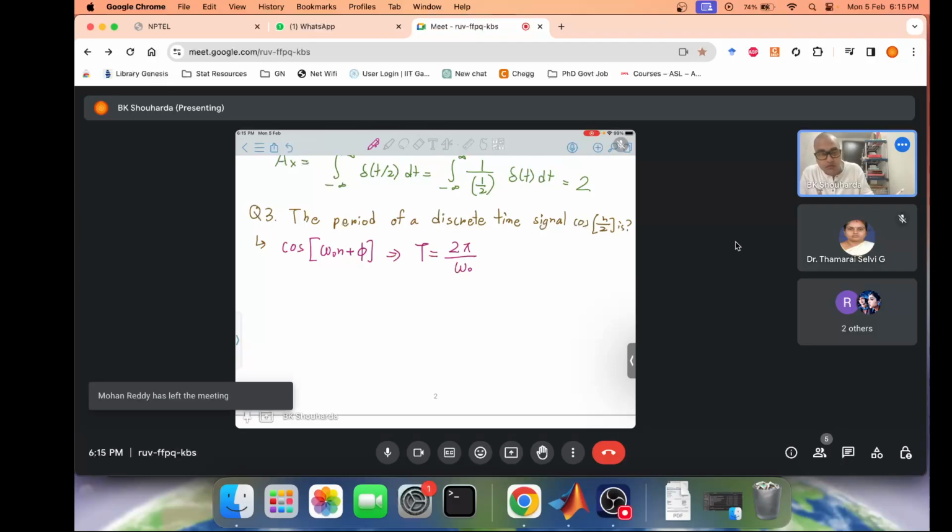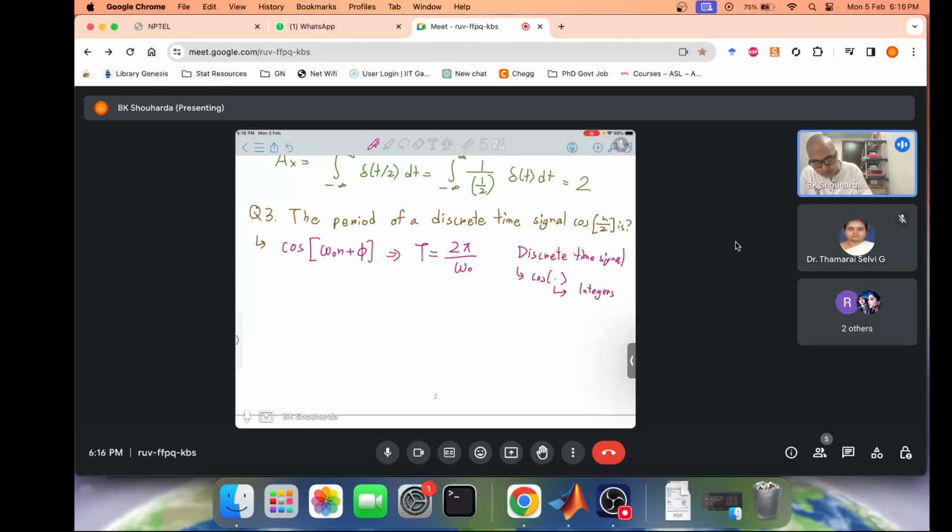But note over here that this is a discrete time signal. And what does that mean? It means that the arguments inside this can only and only be integers. They cannot be rational. They cannot have fraction parts. They can only be integers.